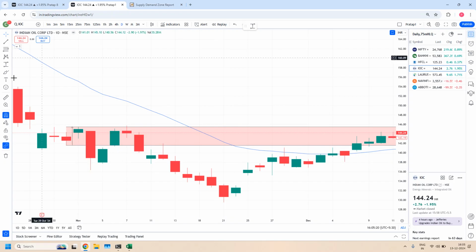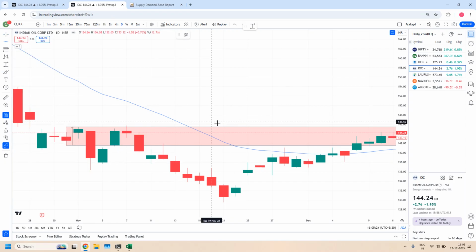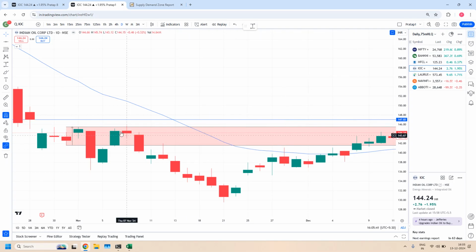Where is 147.02? Let me draw a horizontal line so that you will understand in a much better way. 147.02. Let me adjust the value. But where is that? None of the candles are near this blue color line.